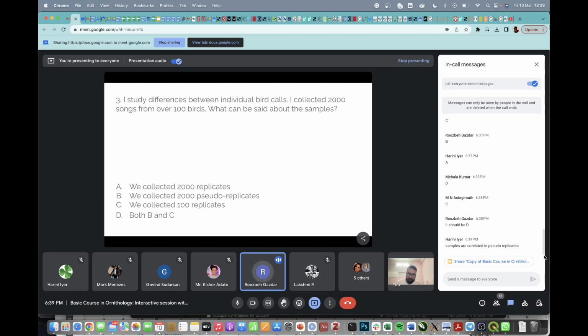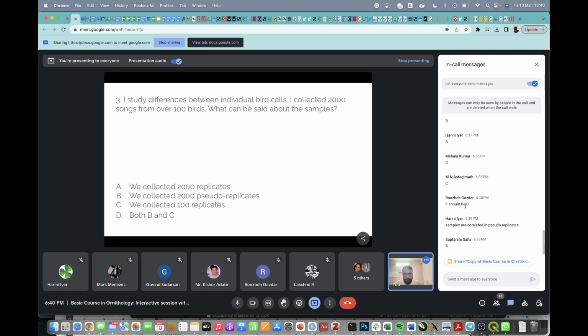It need not be from the same subject, but even if you have collected samples from a similar kind of group, the samples happen to be less distinct than they would be if they were drawn equally from the entire study area. So Harini, you're saying samples are correlated in pseudo replicates? Yes, somehow.